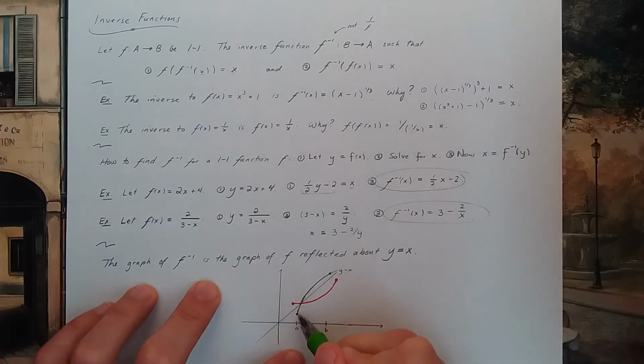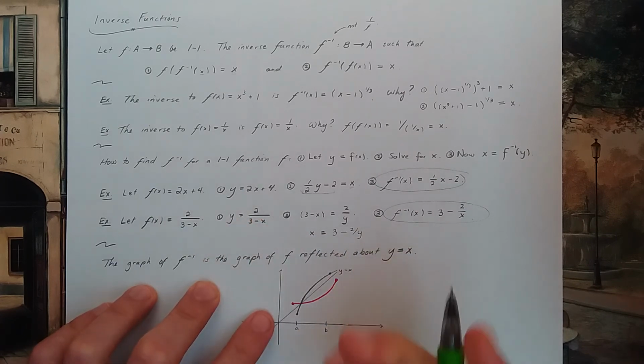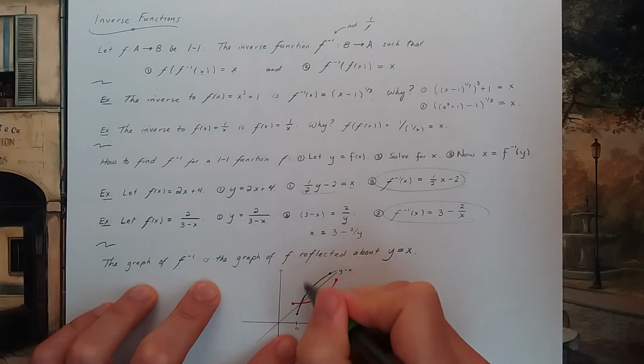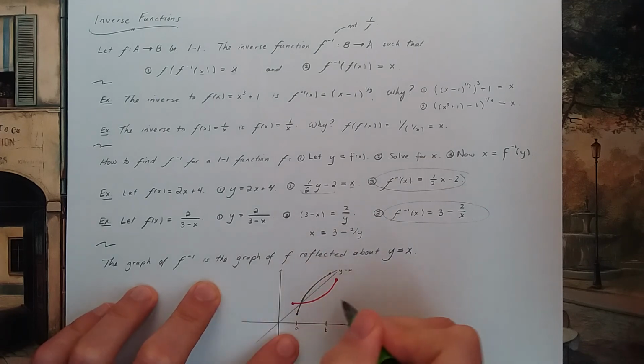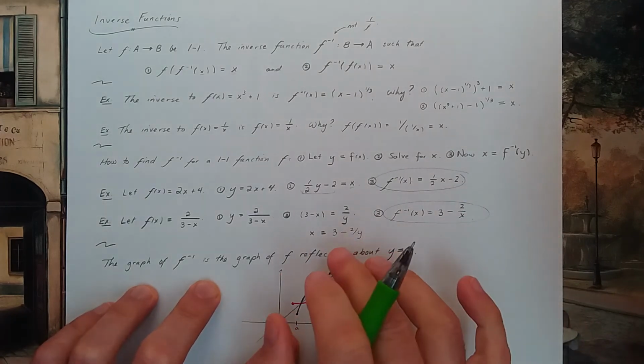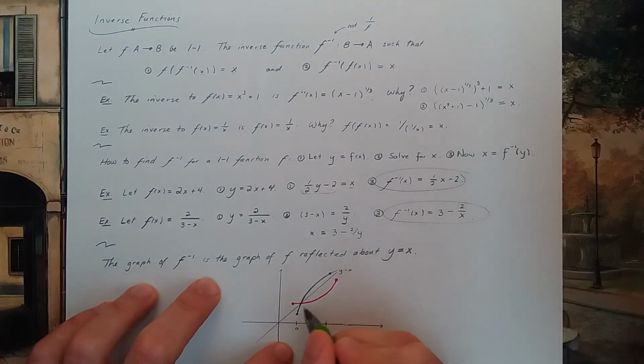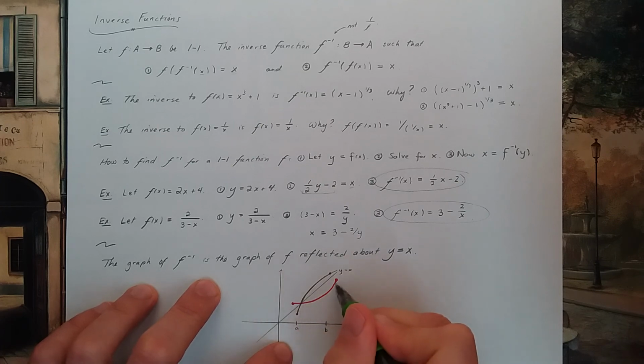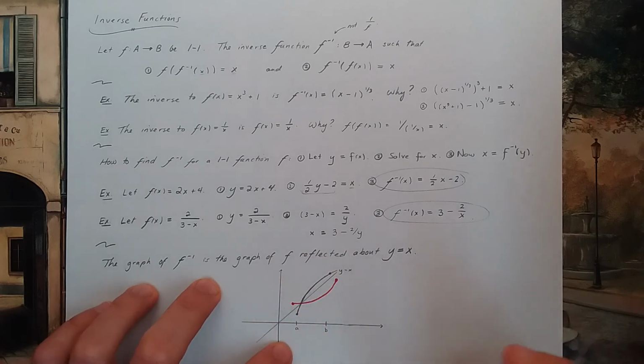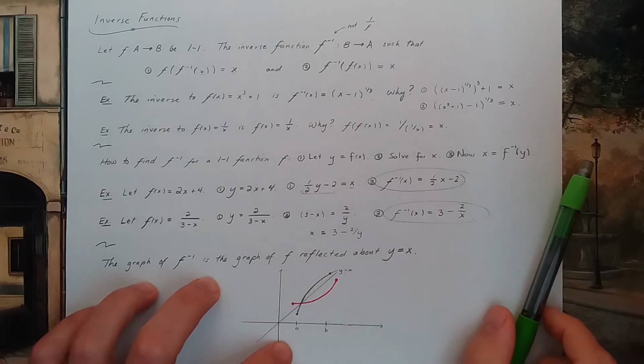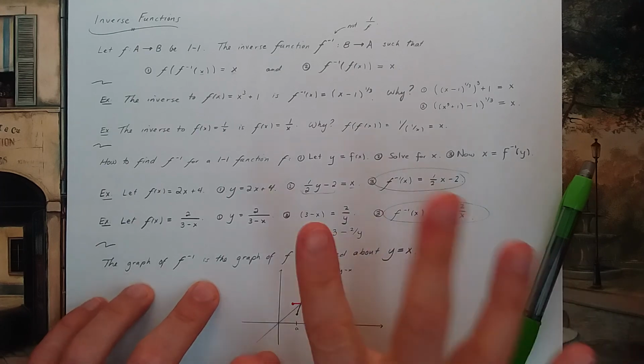So if you take this graph of the function and you flip it about the line y equals x, horizontal lines become vertical lines and vertical lines become horizontal lines. Therefore, in order for this red inverse function to pass the vertical line test, the original function must pass the horizontal line test. Okay, so there's a very brief introduction to inverse functions.